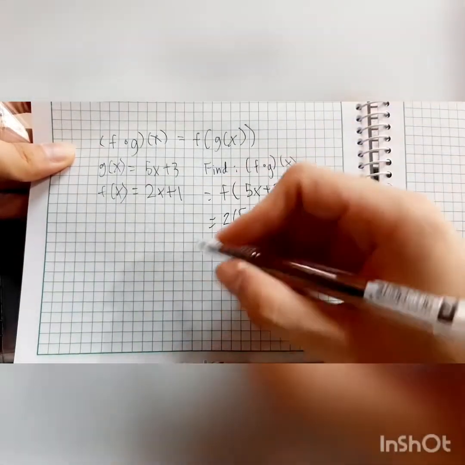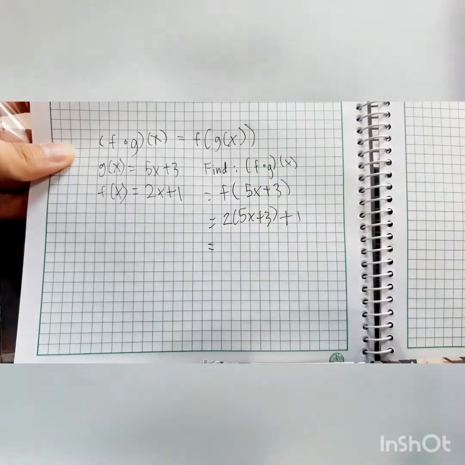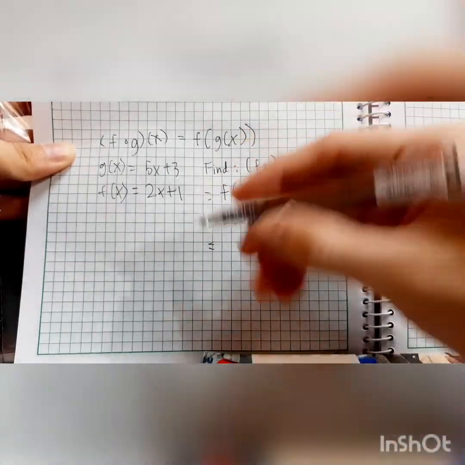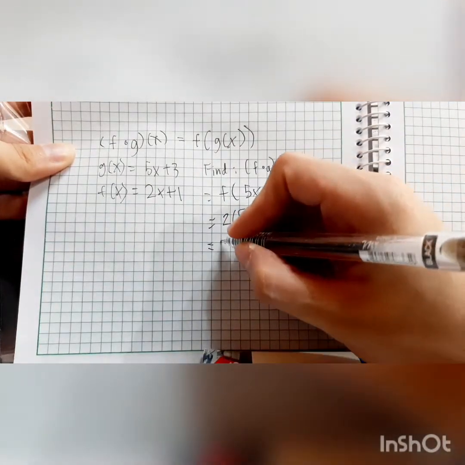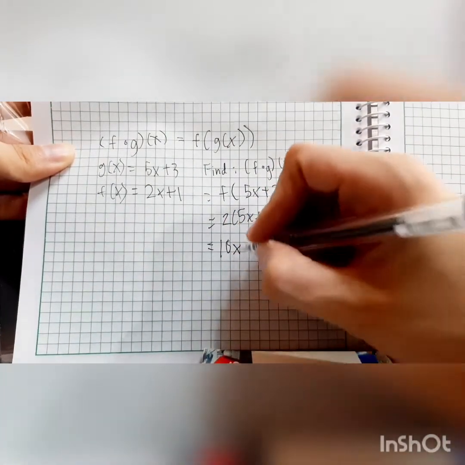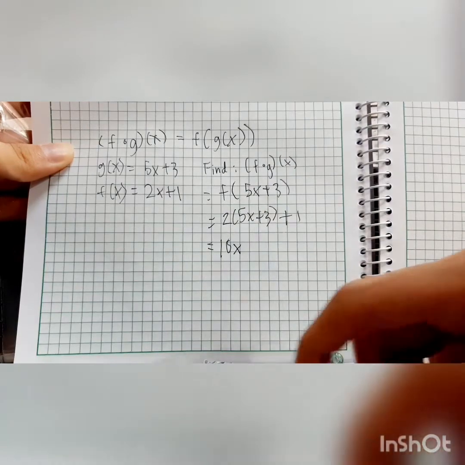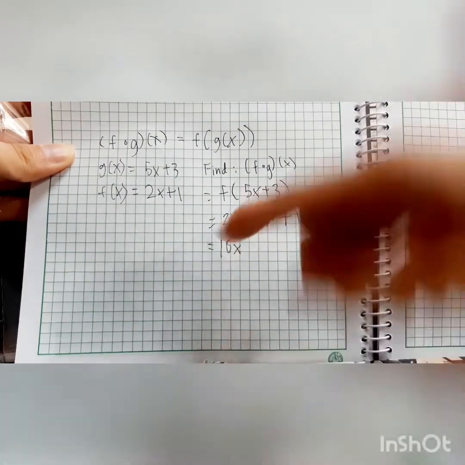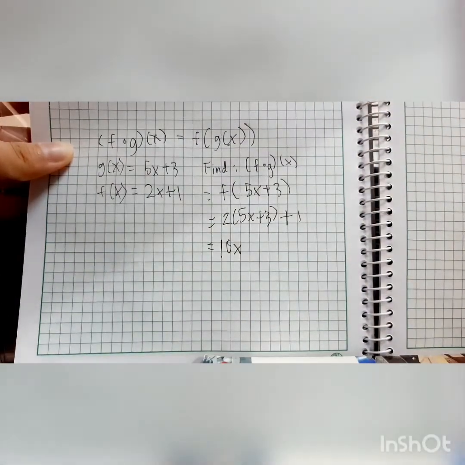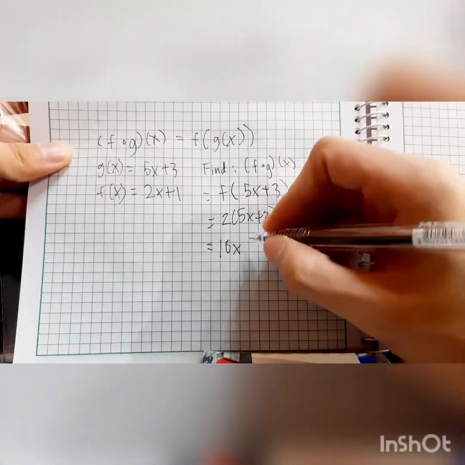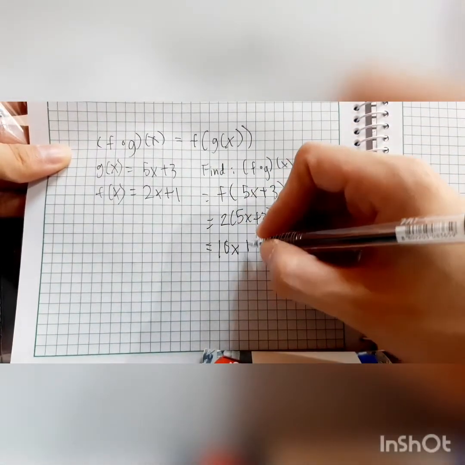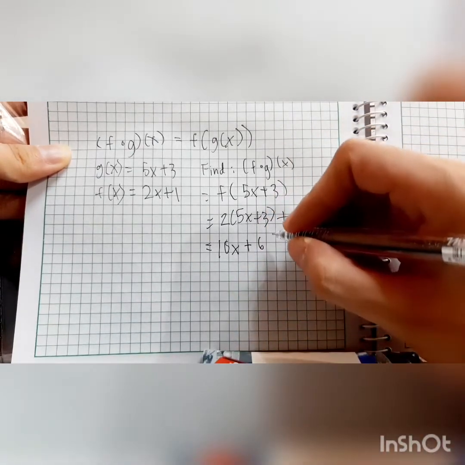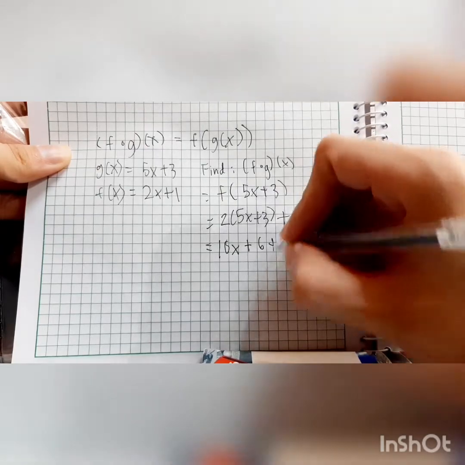Alright, next we're going to simplify. 2 times 5 is 10. 10x. And now, you can see there, 3 times 2 is 6, plus 6 and plus 1.